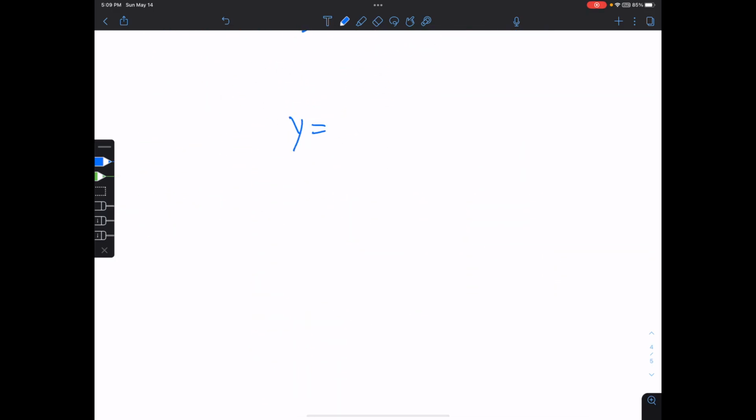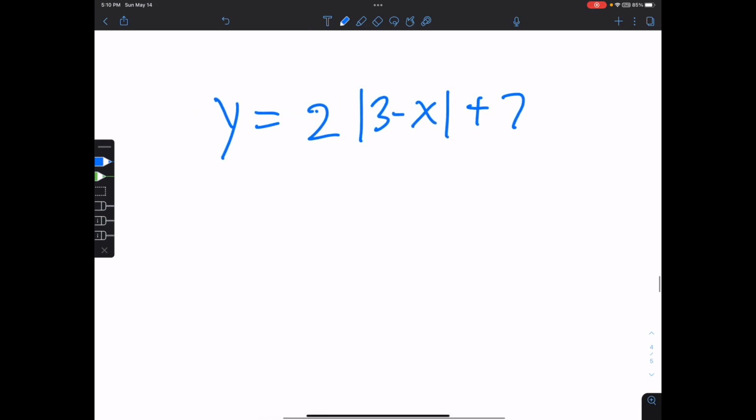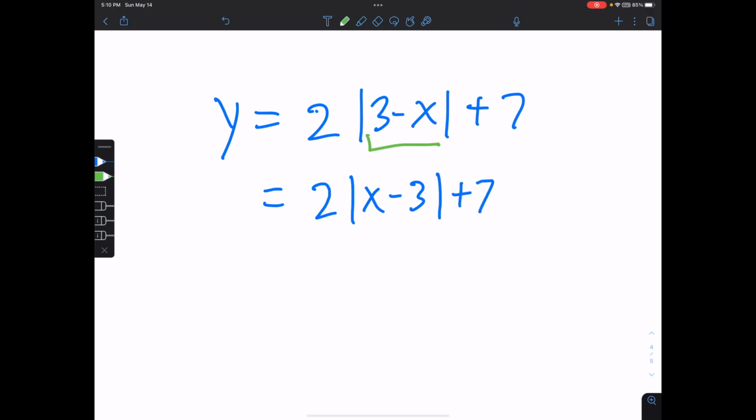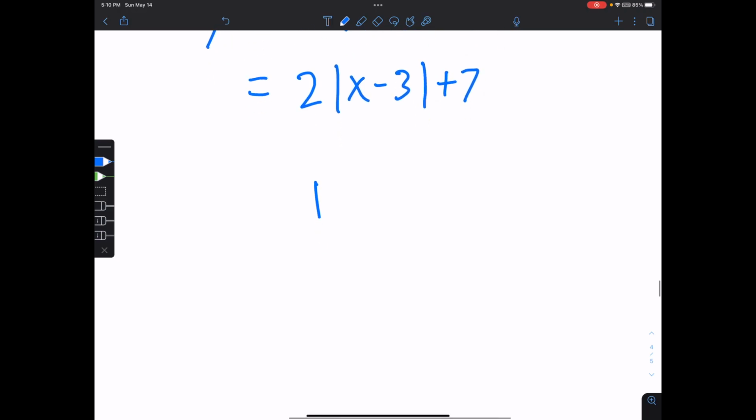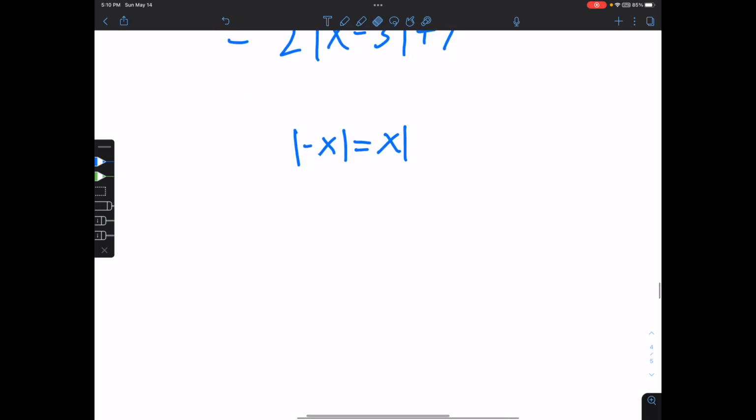If you have an equation like this, 3 minus x plus 7, this is the same thing as if you switched around this, because this is a property of absolute value. The absolute value of negative x is equal to the absolute value of x.